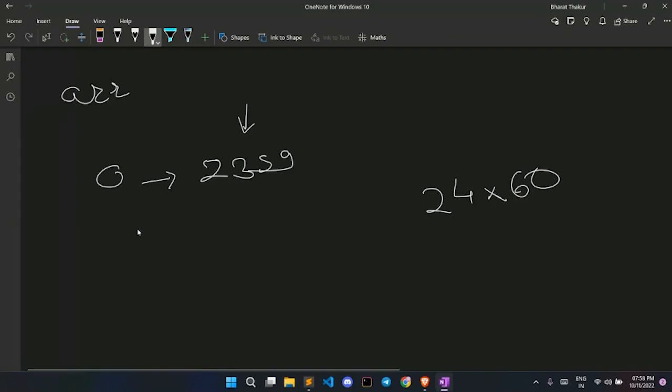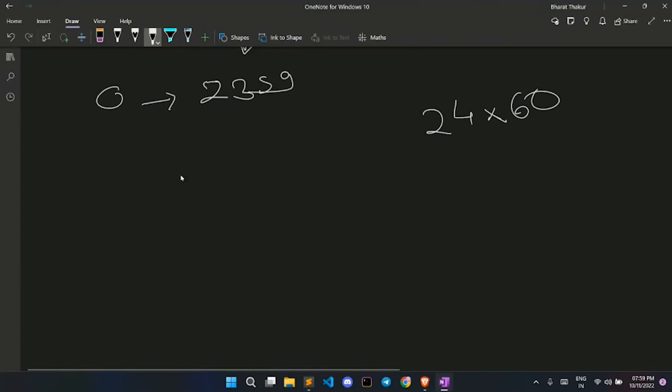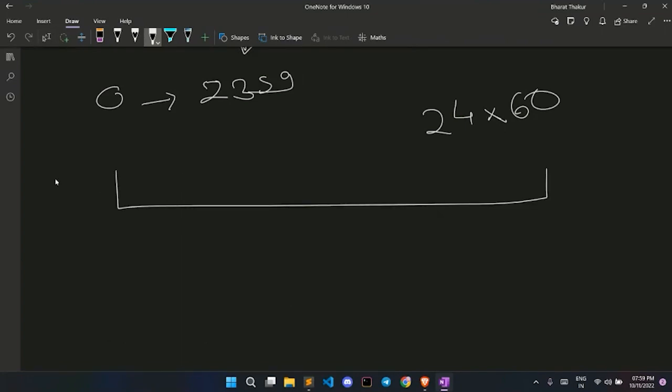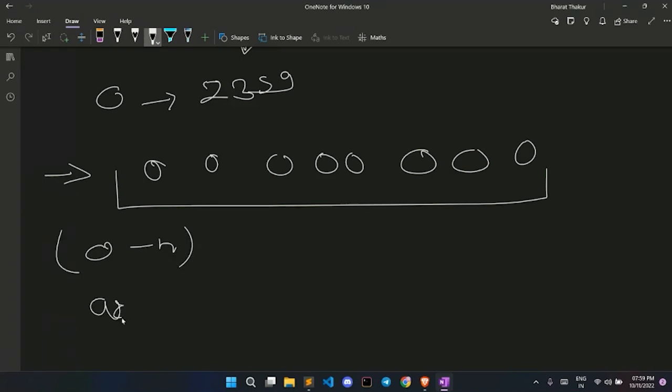So what you can do, you can just add one value, means you can have a prefix count array, initialize all the values to 0. That means at any moment, not a single train is present at the railway station. And when you get the arrival time and departure time, iterate over them from 0 to n. So at the arrival time, we will increment the value of train by 1.